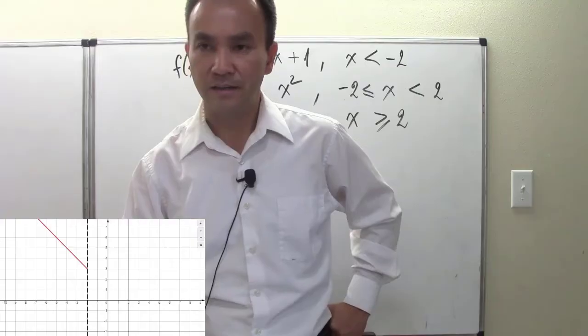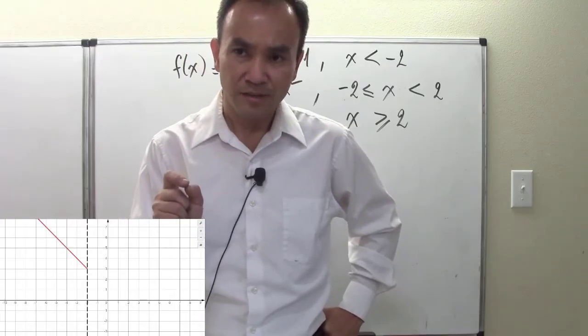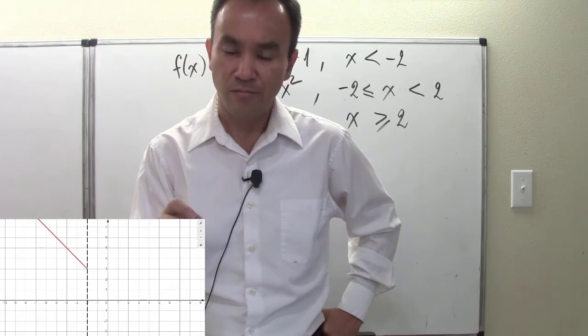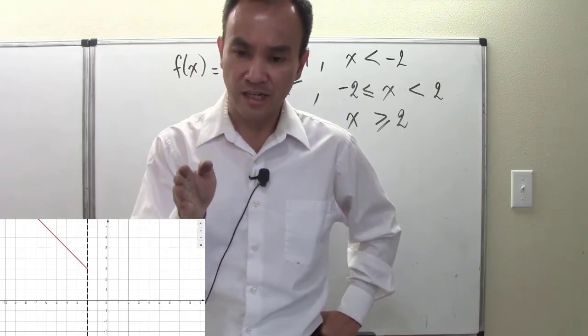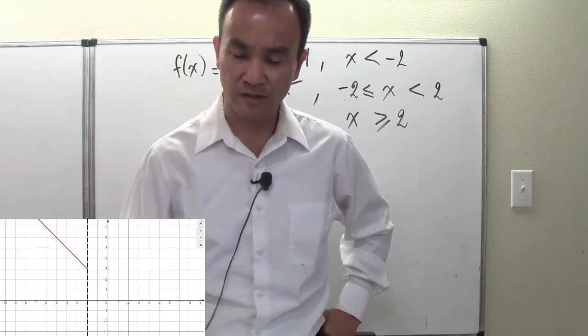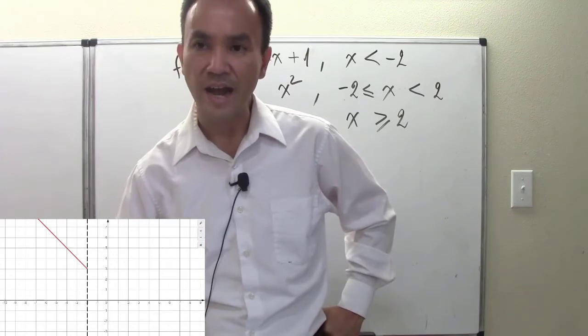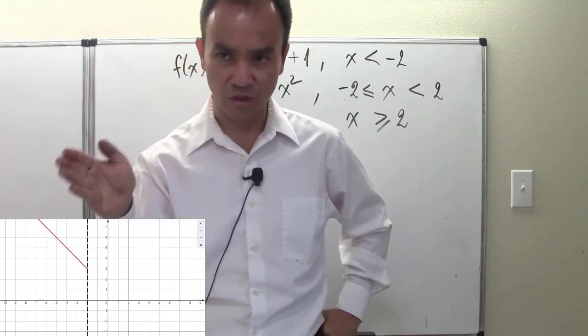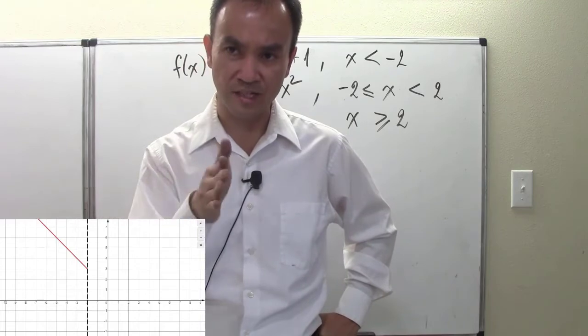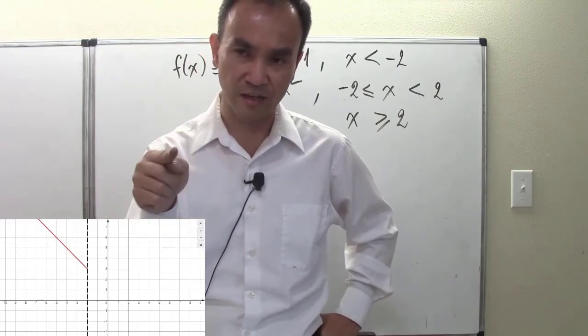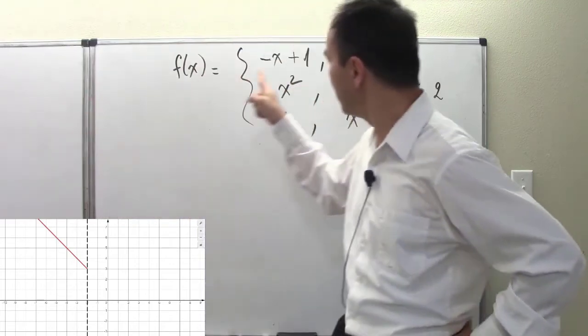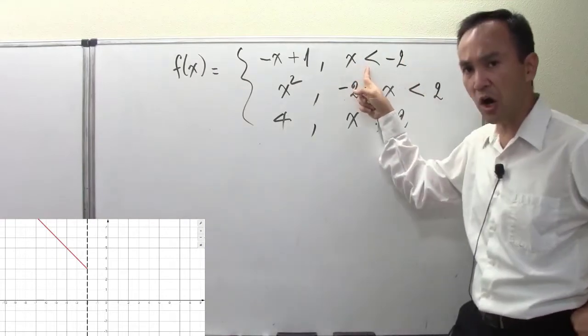But something is still not completed. What about right at the breakpoint? When x equals negative 2, is x equals negative 2 included in this domain, in this zone right here?